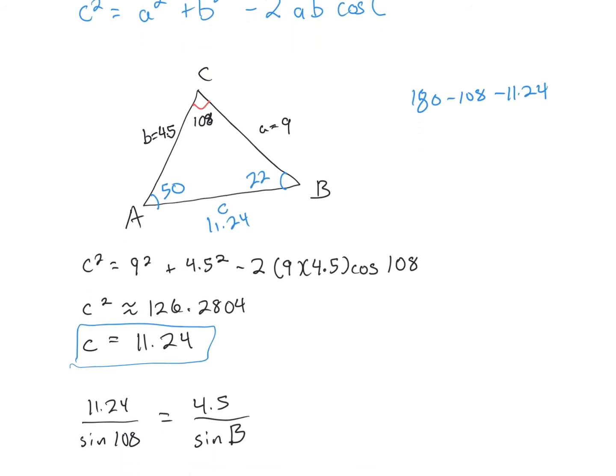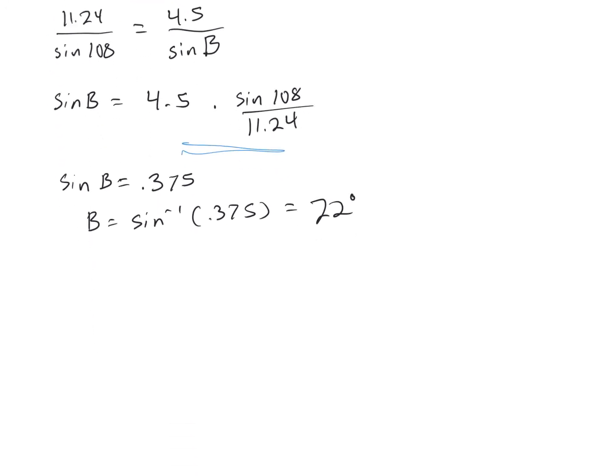Let's do a word problem using this. Let's say we have a vertical water tower on the side of a hill. The hill is slanting down like so, and the hill makes a 6-degree angle from the horizontal.